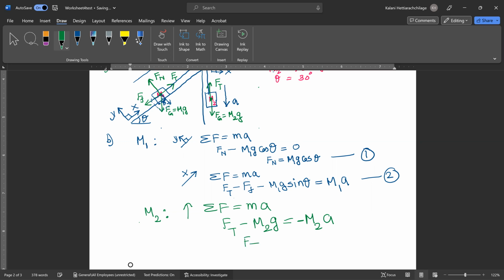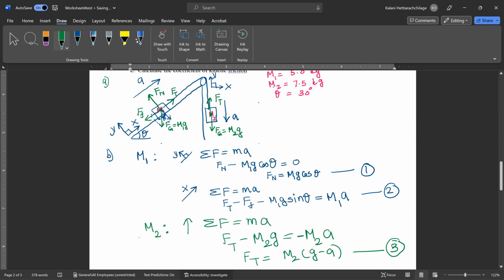Let's rewrite it: Ft equals M2G minus M2A, and you can write it as your third formula. Since the second object does not have motion in the y direction, there is no Newton's second law for that direction. We don't want it because net force equals 0 in that direction. Okay, so that's it for that.